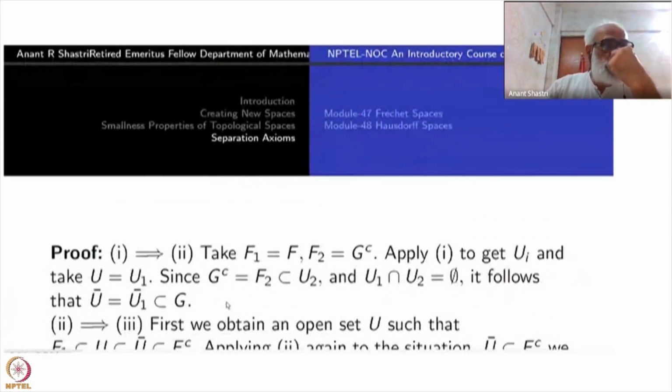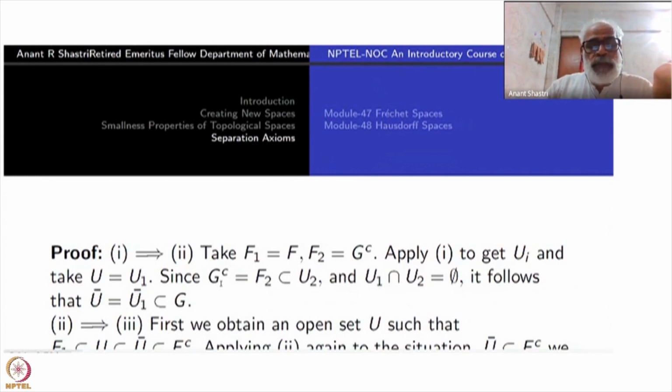So how to get 1 implies 2: take F as F1 and F2 as G complement. You are given F and G, G is open, F is contained inside G, right? Take G complement, that will be a closed subset disjoint from F. Apply 1 to get U1 and U2. Then take U equal to U1.